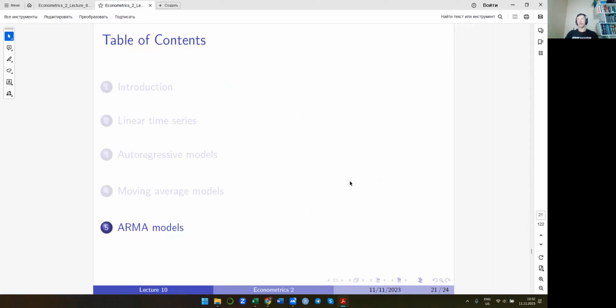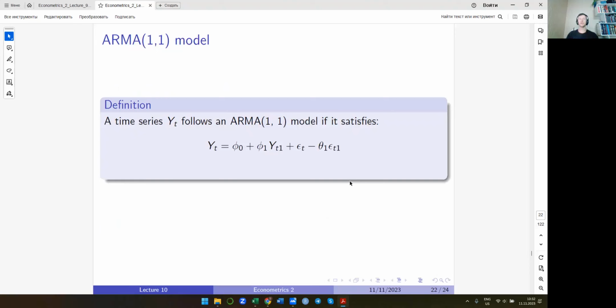Well, and now we combine both classes of models in the following way. So ARMA 1,1 model can be constructed as y t equals phi 0 plus phi 1 y t minus 1 plus the moving average part epsilon t minus theta 1 epsilon t minus 1. So no idea why there are no minuses.